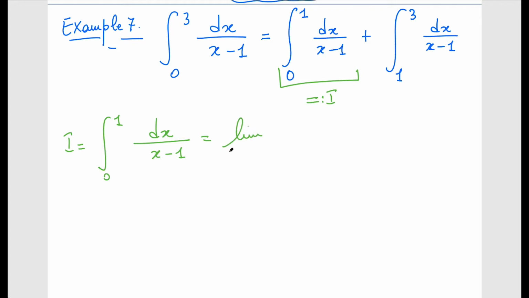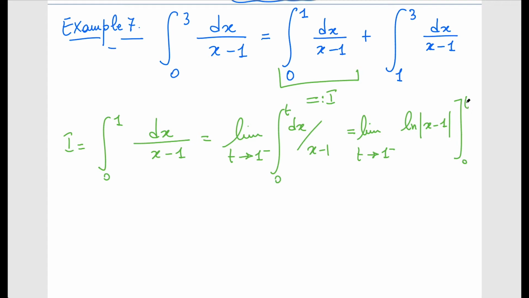So this is the limit, because I have a discontinuity at the upper endpoint, as t approaches 1 from the left, of the integral from 0 to t of dx divided by x minus 1. An antiderivative of 1 over x minus 1 is ln of the absolute value of x minus 1. So you get the limit as t goes to 1 from the left of ln|x minus 1|, evaluated between 0 and t.